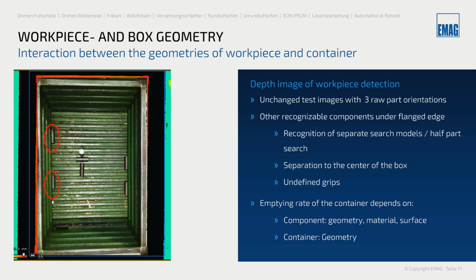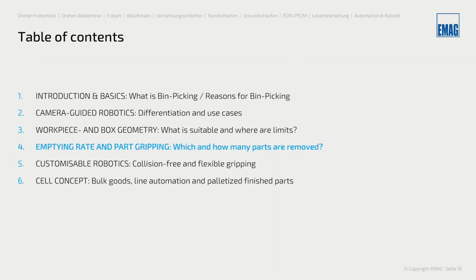How many parts can I take out and what is necessary to get them out? For now, we have to say the emptying rate depends on the components themselves, geometry, material, how the surface is, and on the container and its geometry, and therefore how the two interact with each other.